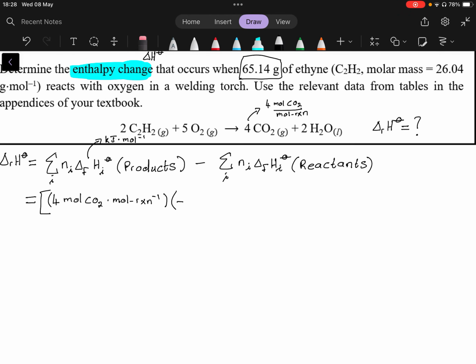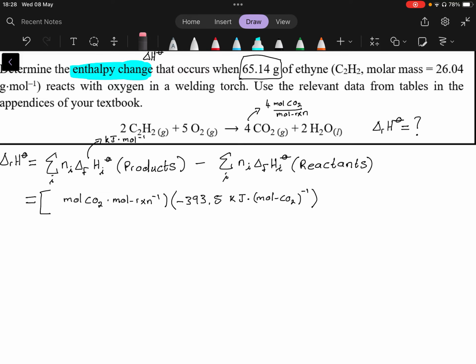So that's what you're going to plug in here, minus 393.5, and this one is in kilojoule per mole CO2. Maybe put that in brackets for yourself. So that's the formal big unit that we're working towards.